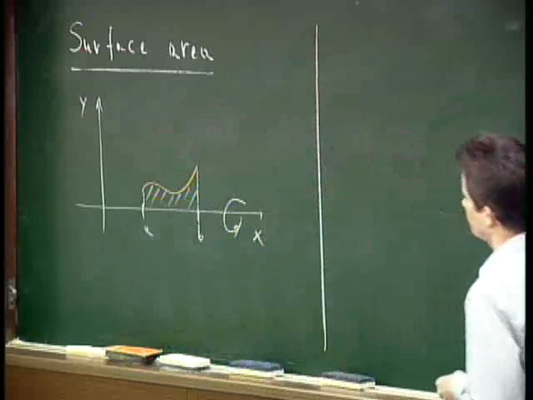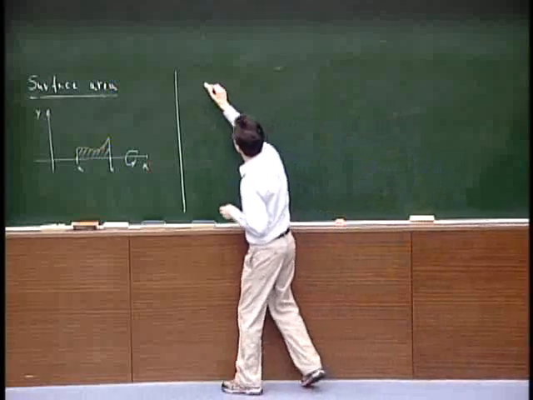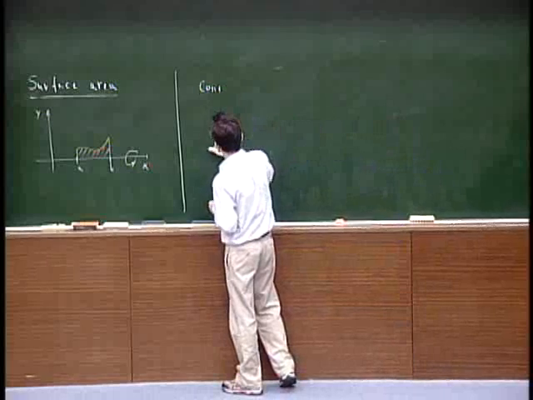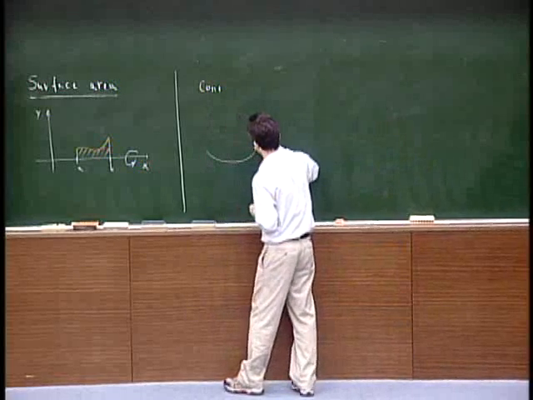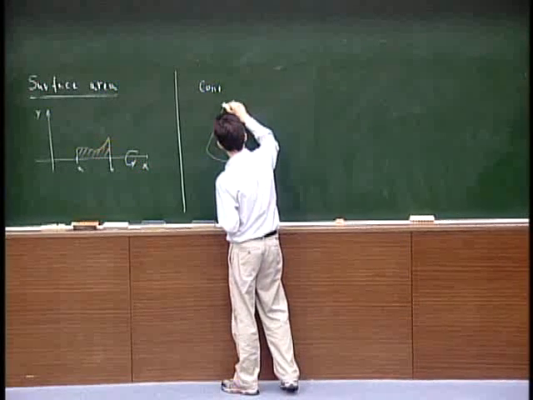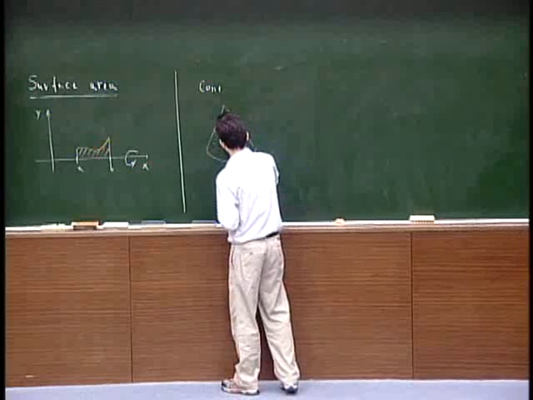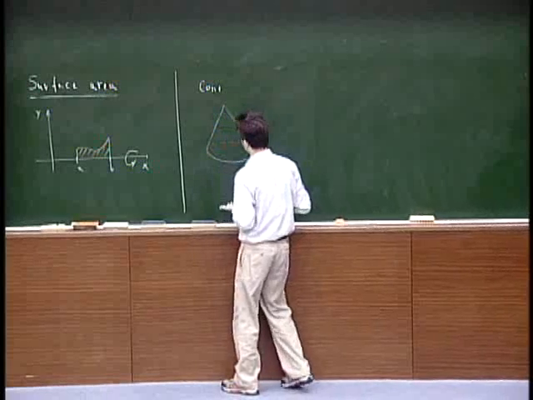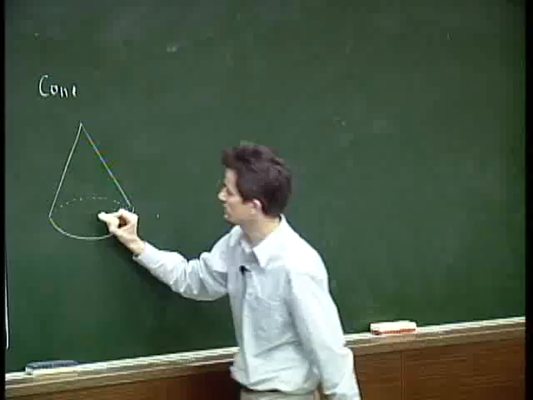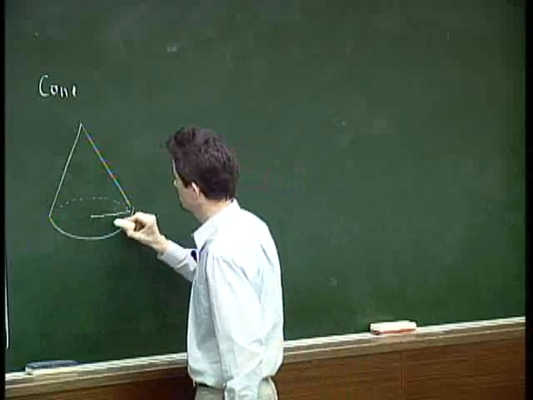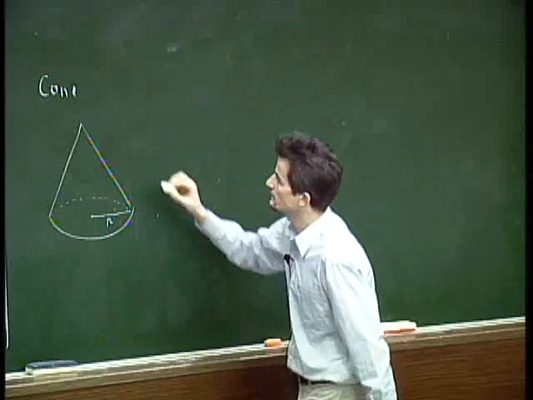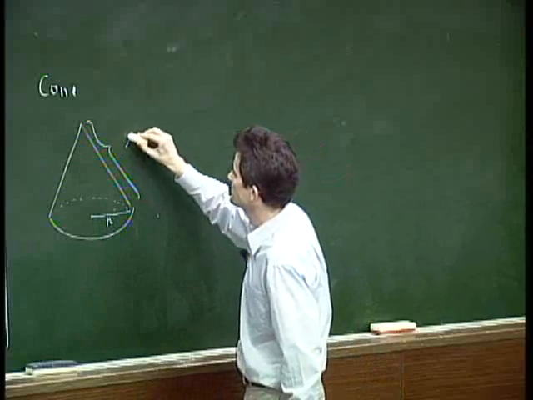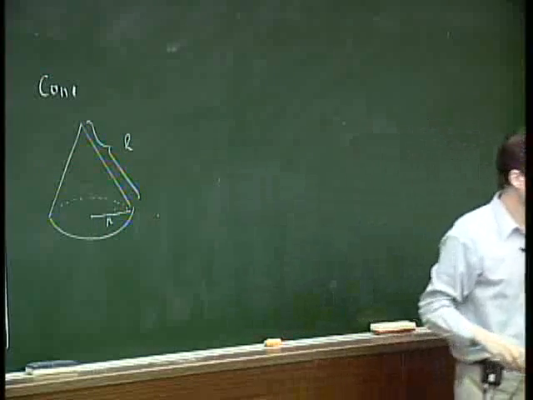So let's first look at the circular cone. So you have a disk as the base, with some certain radius. And you have this length here, which is sometimes called the lateral height.